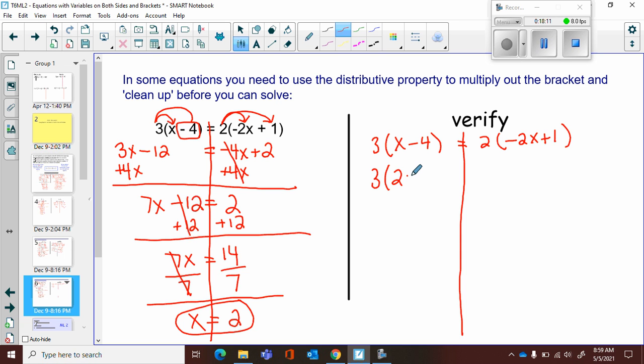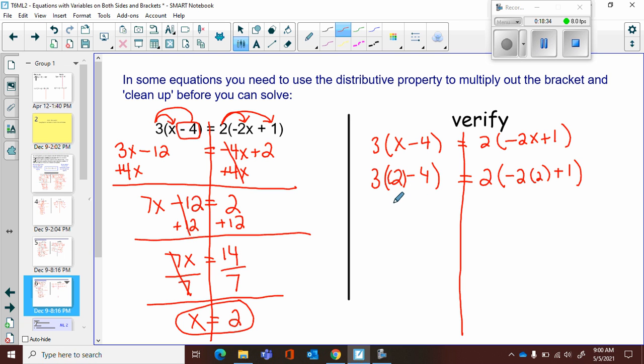And I want to see if I put 2 into this equation, does it make it true? Do both sides actually equal like the equation says? So wherever there's an x, I'm putting in a 2 in brackets. I didn't use brackets here, but you can. More important here because it's multiplying.